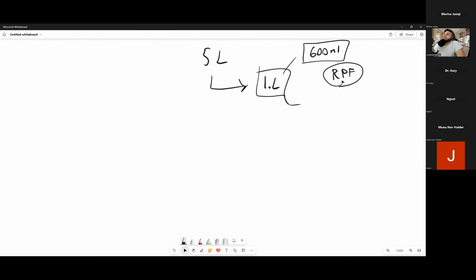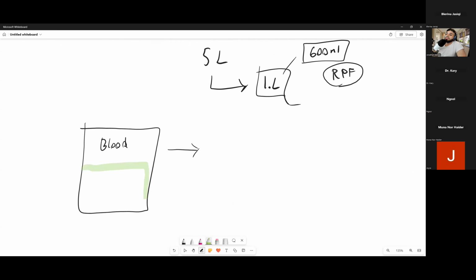So renal plasma flow. They're asking me to work backwards because here, let's say I had blood, and from blood came the plasma. I'm doing algebra here because I have the plasma, and what I want is the renal blood flow.